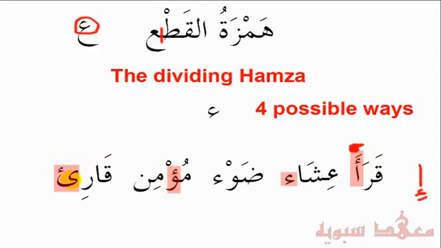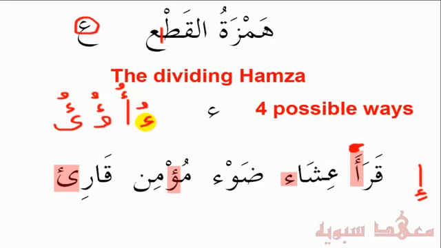Now, for example, let's say we have the Hamza alone, the Hamza with an alif, the Hamza with a waw, and the Hamza with a ya. And let's give all these the same harakah. Let's say the dhamma. Each of these will be pronounced as a u sound.